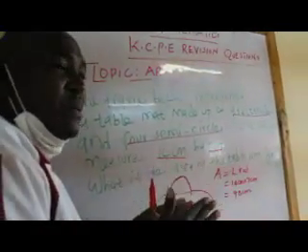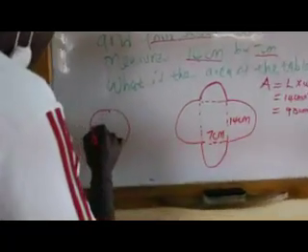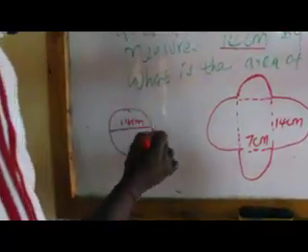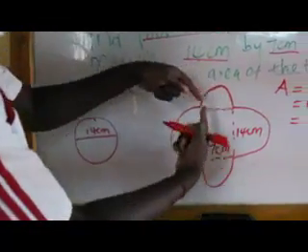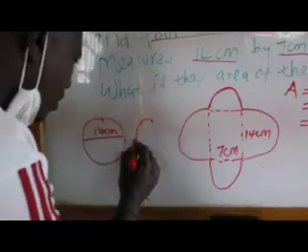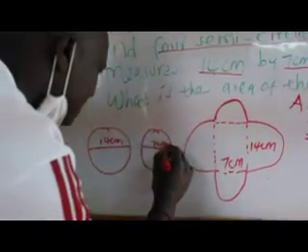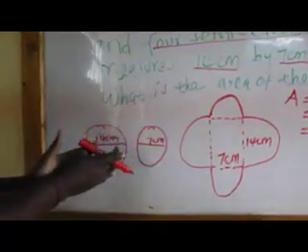When you join 2 semicircles, they are going to form a circle. So we have a circle with a diameter of 14 centimeters. And again, here, these are 2 other semicircles, which when we join them together, are going to form a circle whose diameter is 7 centimeters.